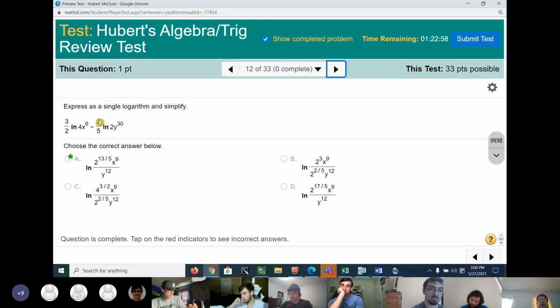And then you're going to incorporate that 2/5 and that 3/2 in with the 4 and 6, and the 2/5 with the 2 and the 30. And you're going to be able to put the division on that. So you know it's going to be one of these that are division. And it looks like that one. Next.